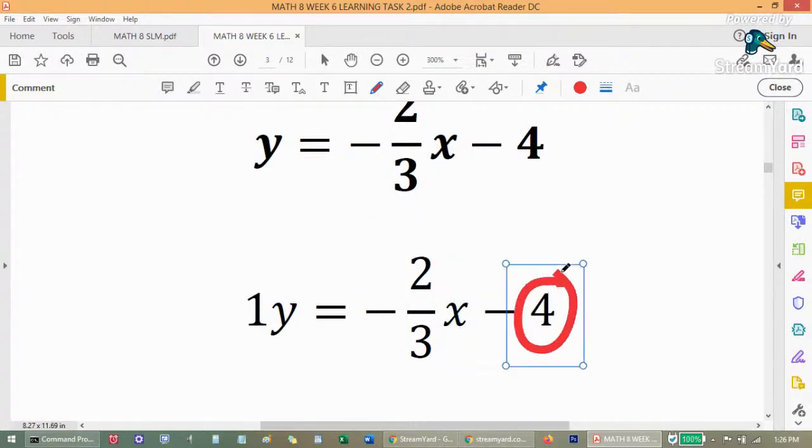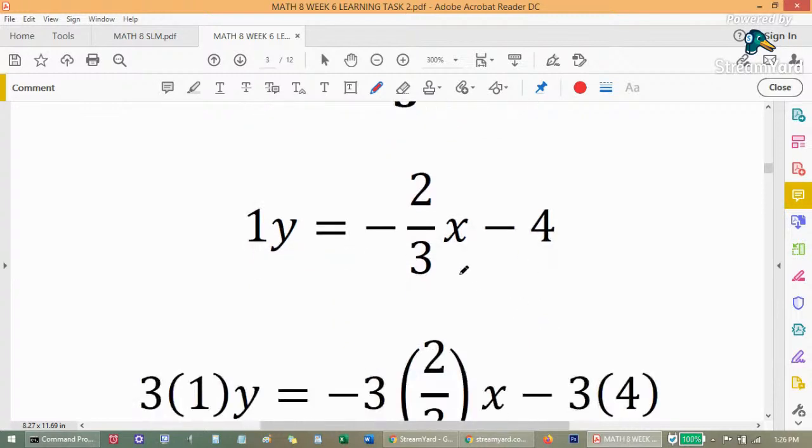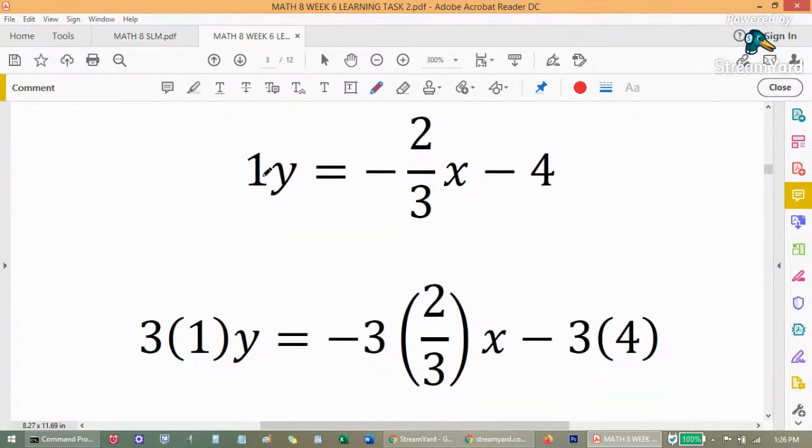Pero ito lang ang gagawin natin. So, para mawala to, multiply natin itong 3 sa 1, 2/3, at saka sa 4. Okay, so paano mangyayari yan? So, itong 1 na to, magiging 1 times 3. Okay? 3 times 1.